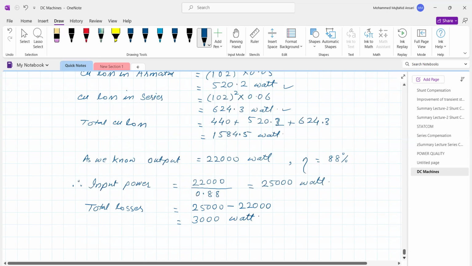Now, once we calculate the total copper losses, and this is the total losses, the difference of these two is nothing but the iron, windage and frictional losses.